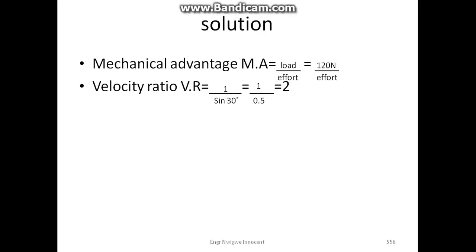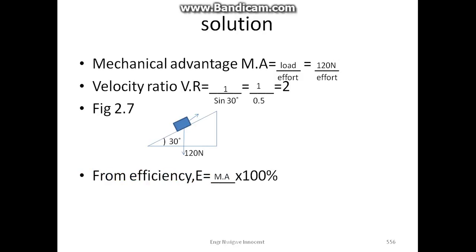Figure 27 shows the body on an inclined plane of 30 degrees with a weight of 20 Newton. From efficiency, E is equal to MA over VR times 100%.